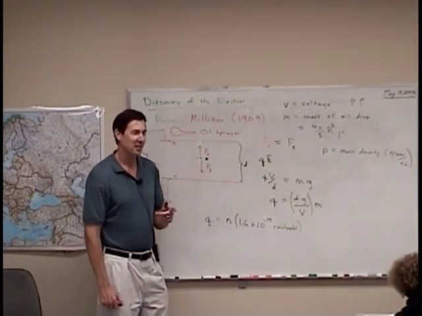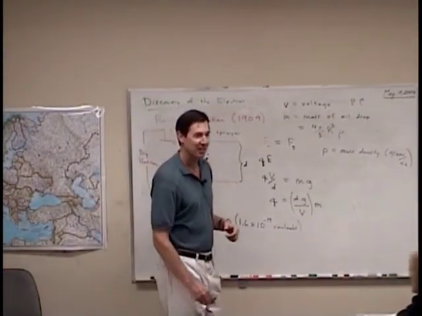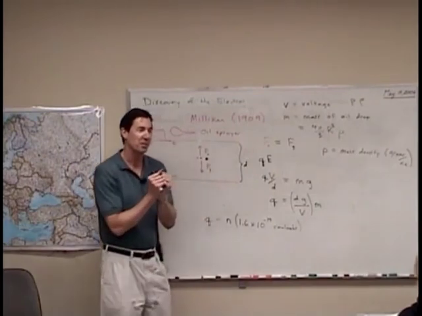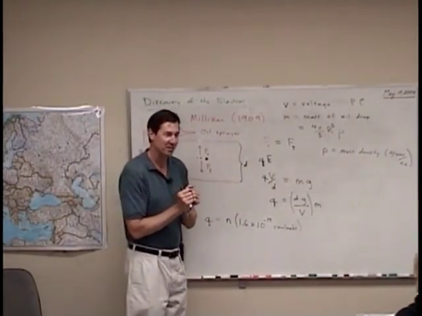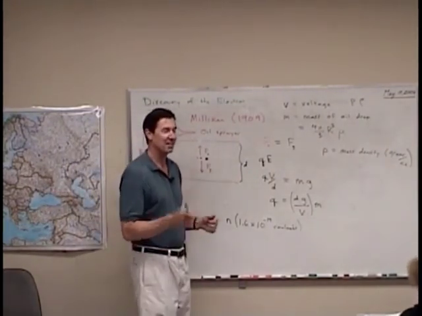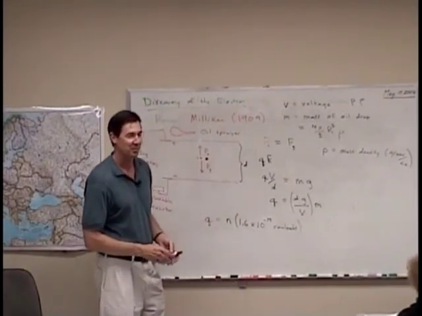I'll try to explain that before the class is out, why gas molecules combine up and hang around in pairs. But it turns out the answer to that question is actually pretty complicated.